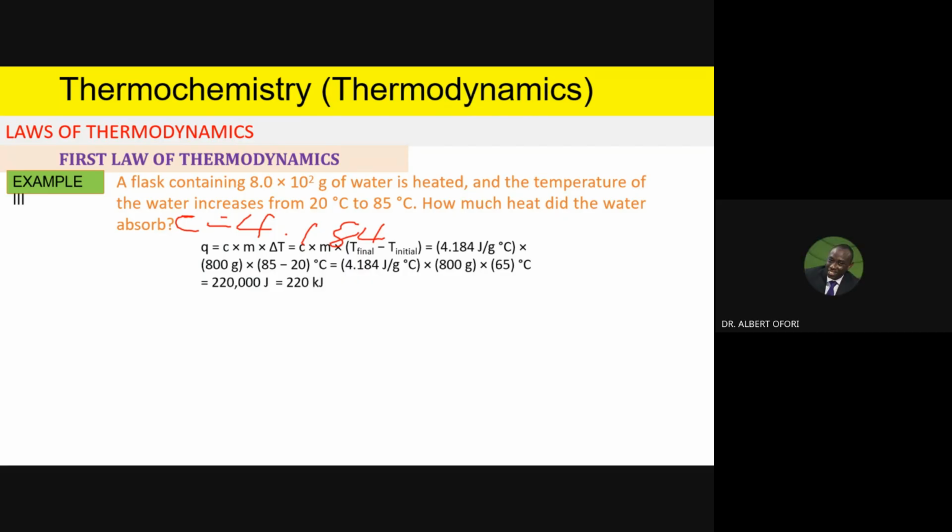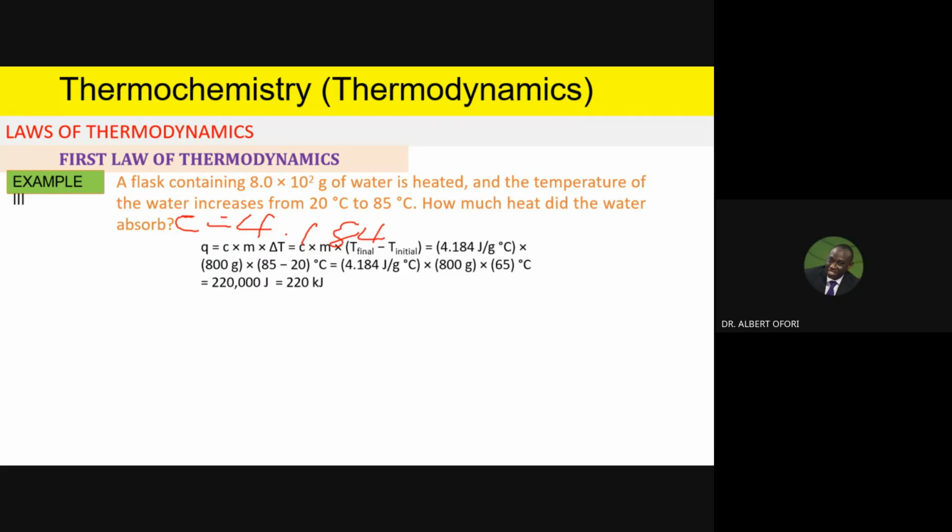Then the mass, 800, and the heat capacity, which is 4.184, times 65. Yes, sir. Okay, so yes, you are right. So let me correct that.